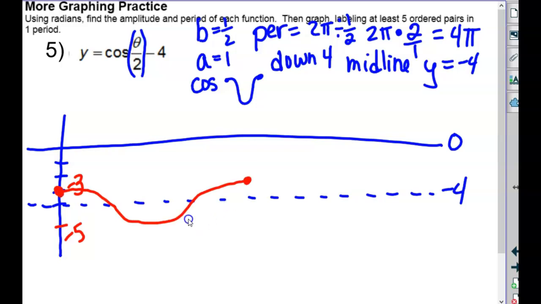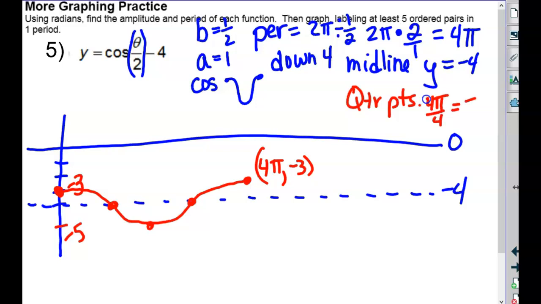How long until it finishes? 4 pi, so this would be 4 pi, -3 when it returns. The quarter points, as every pi, yes, because you're going to do 4 pi divided by 4, which will give you pi. So this is 1 pi, 2 pi, 3 pi, 4 pi.